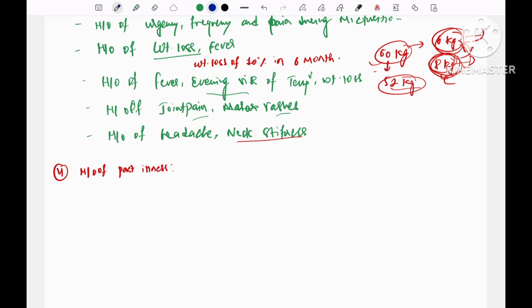Some teachers prefer such sentences at the end of the history of present illness. But I think if we do not mention such things, it will also be fine. But if the teacher prefers, then you have to mention what happened after getting admitted to the hospital or after visiting the OPD.